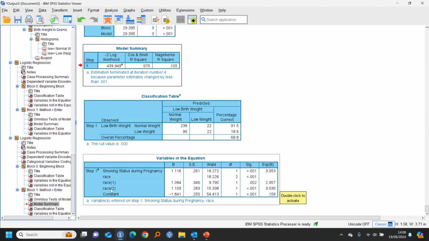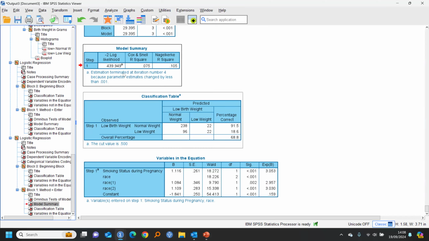And the effect of being in the other group, meaning Asian and all other ethnicities and not being white, increases it by 3. These are all statistically significant at this point, and the constant's getting smaller as it becomes less important.